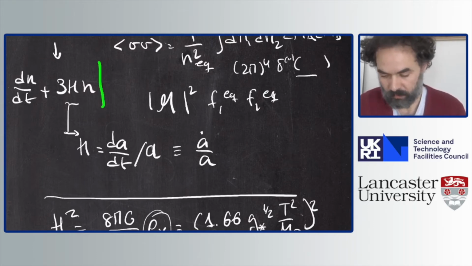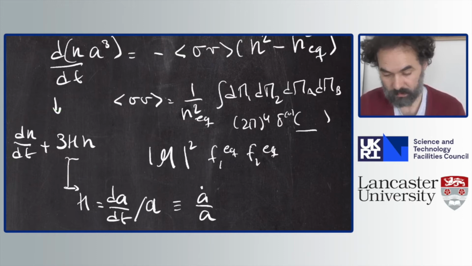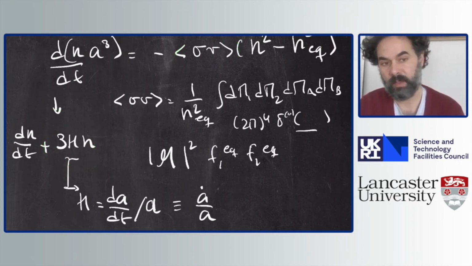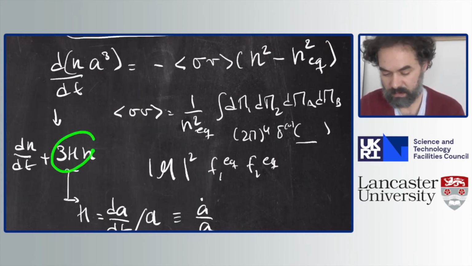We take this derivative on the left-hand side, and you can write it this way. Now you see that if this factor here and this factor here are similar, or one is bigger than the other, or one is smaller than the other, you have different behaviors of this equation. Let's see what happens if this can be ignored.